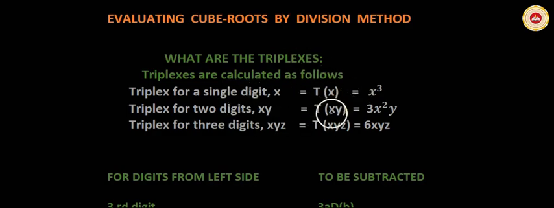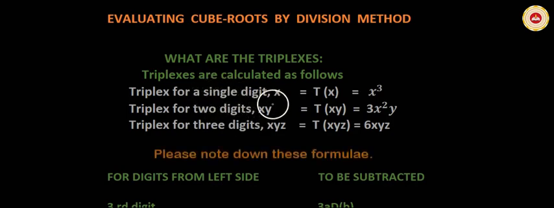See, we have already studied what are duplexes. Now let us study what are triplexes. See friends, you have to learn this by heart. How to calculate triplex for a single digit, say x? Cube that digit, and that will be the triplex of that digit.